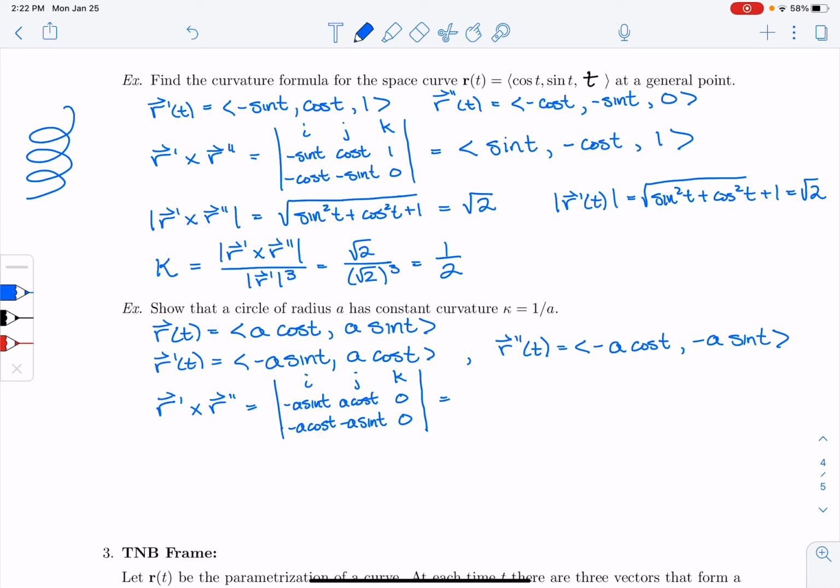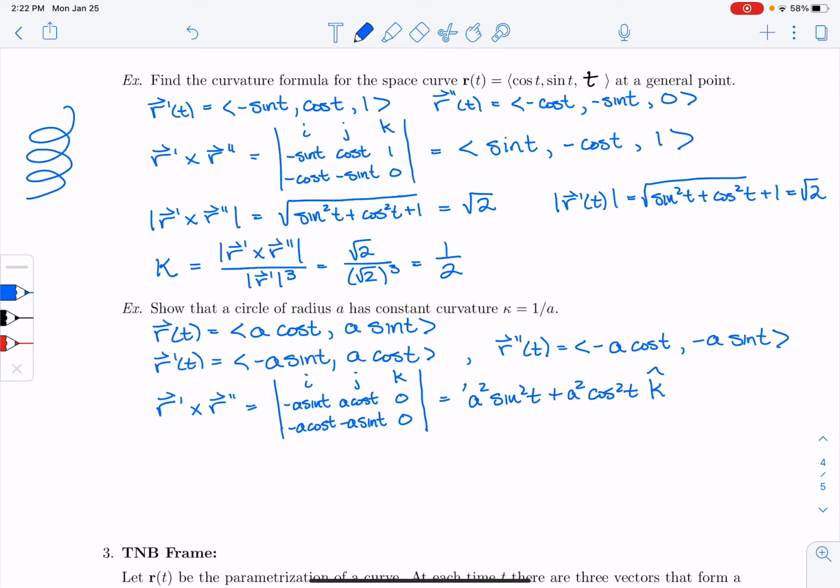And so we're going to get a squared sine squared t plus a squared cosine squared t times k hat, if you want to specify it that way. Okay, sorry, not a b squared there. a squared cosine squared t.